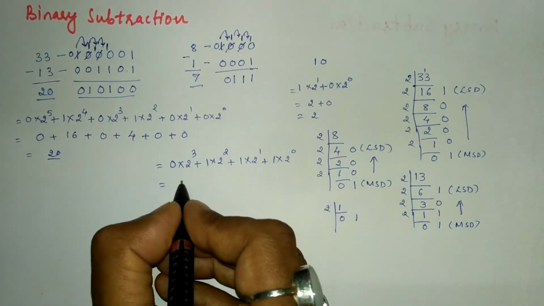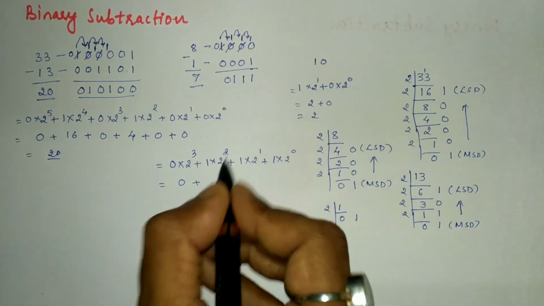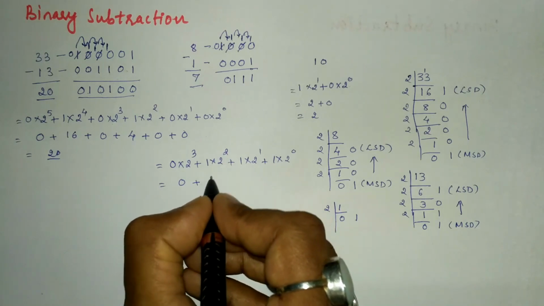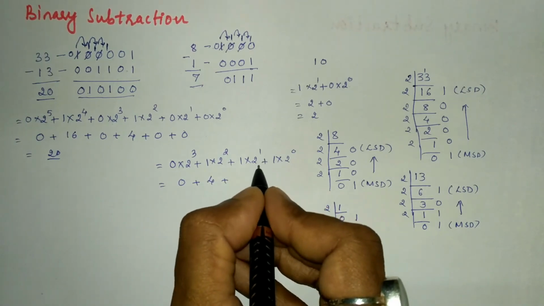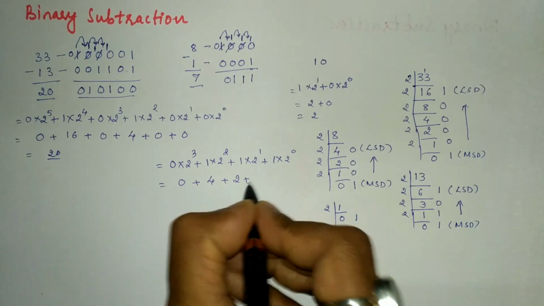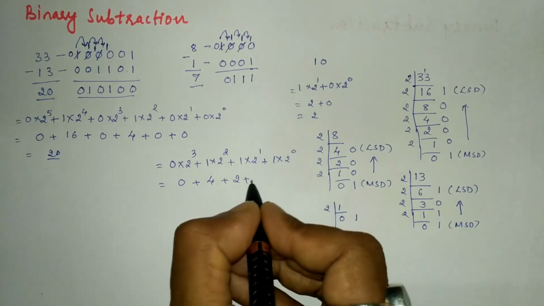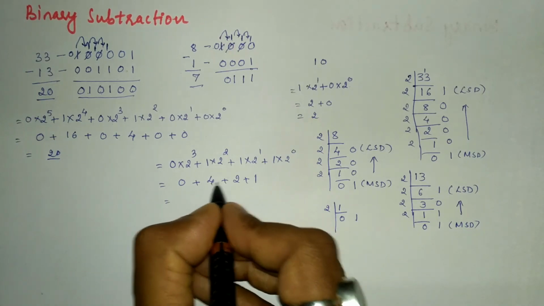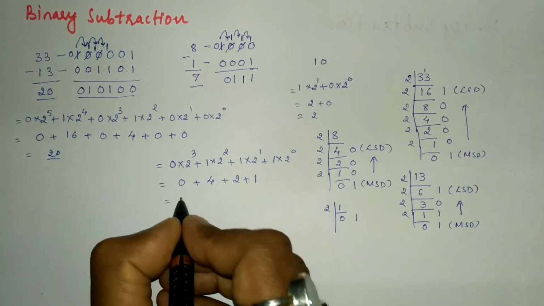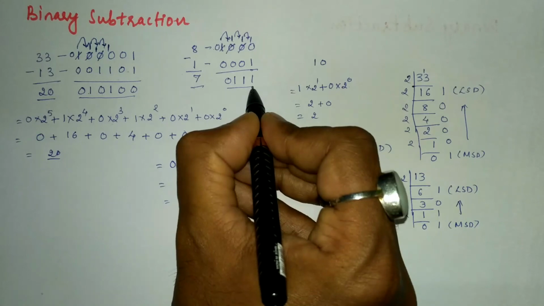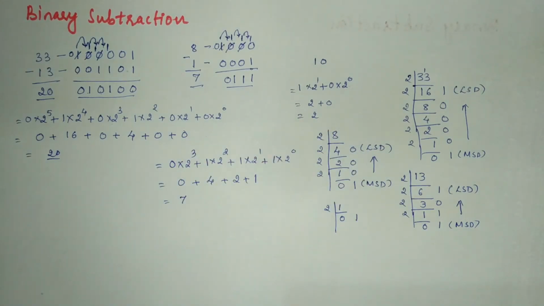So 0 into anything will become 0 plus 2 to the power 2 is 2 2s are 4, 4 1s are 4 plus 2 to the power 1 is 2, 2 1s are 2 plus 2 to the power 0. Anything raised to 0 is 1, 1 into 1 is 1. Here you can see 4 plus 2 is 6, 6 plus 1 is 7. So whatever we got in binary notation, that is absolutely correct.